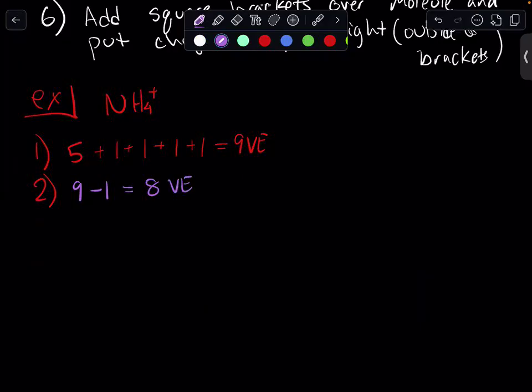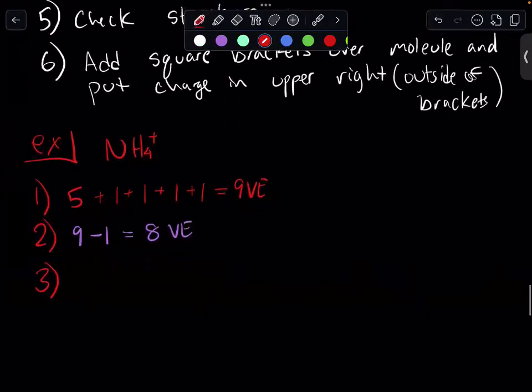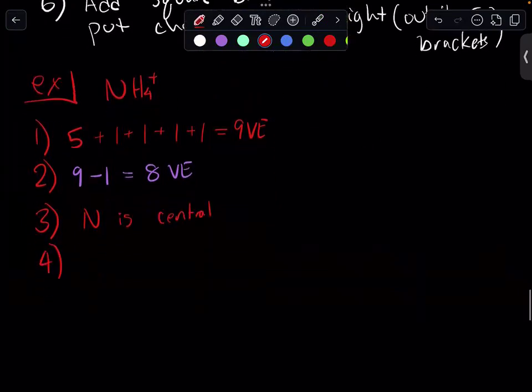All right. Step 3, we're going to determine our central atom. Well, it's got to be nitrogen because we already know that hydrogen can never be our central atom. That's the first guideline, first rule. So nitrogen is central. We are now going to draw the skeletal structure, nitrogen and 1 bond to each hydrogen.